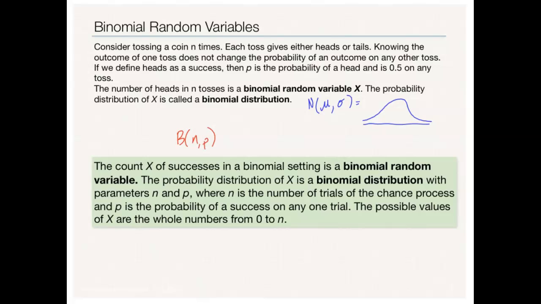The parameters we need to know are n, the number of trials, remember that's fixed, and p, the probability of success. As long as we know those two things, our calculator is going to have a function that can calculate that binomial distribution for us.